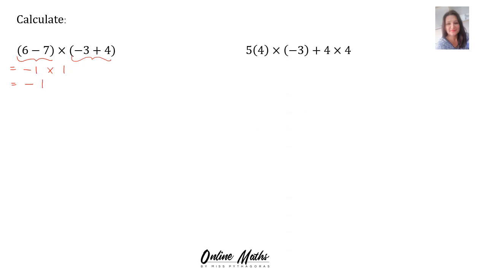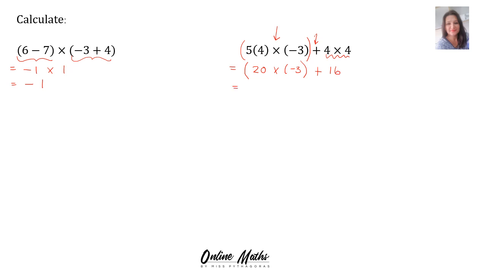Now on the next one, this multiplication is joining those two together, and this plus separates them. Here we find 4 times 4 that we're going to do. So let's do this bracket first. 5 times 4 is 20, times negative 3, plus 4 times 4 is 16.